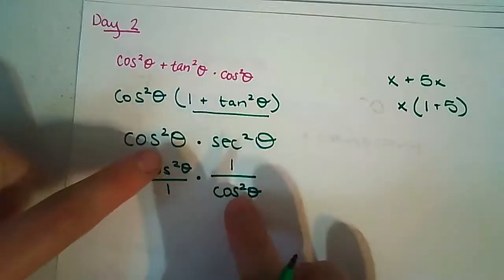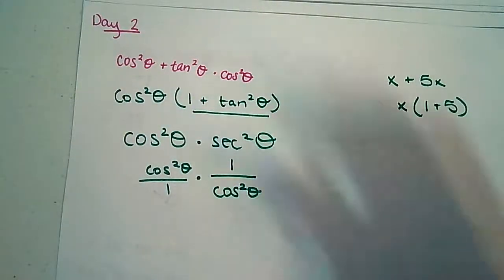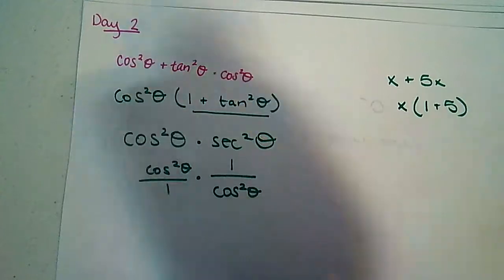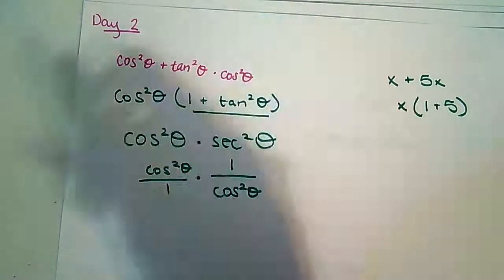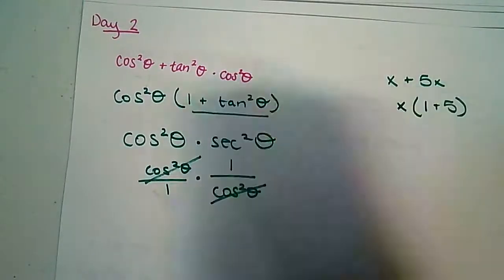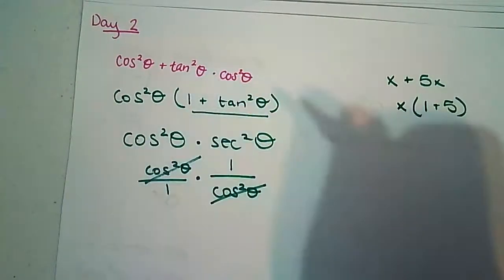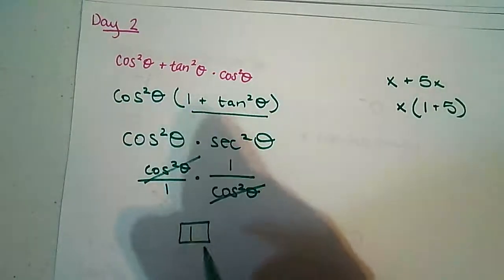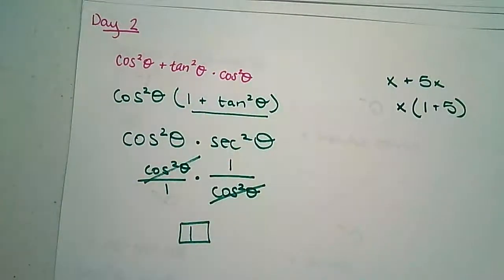And now since I'm multiplying these things together, I know I can cross things off. Since I have a cosine squared on bottom and a cosine squared on top, those can cancel out. And all I am left with is a 1 over 1, which is just 1. So your final answer for this is just 1.